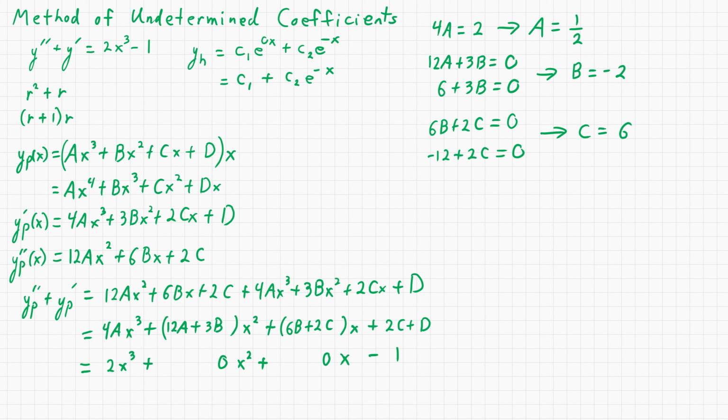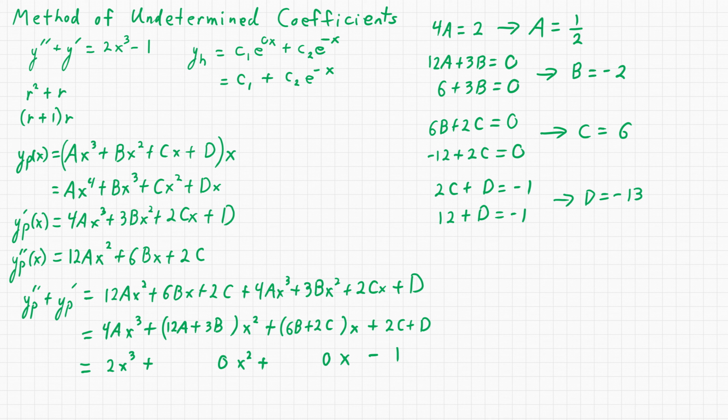And then we get to the last one here. We have 2c plus d. 2c plus d has to equal -1. I know c is 6, that's 12 plus d equals -1. So then that means that d has to equal -13.